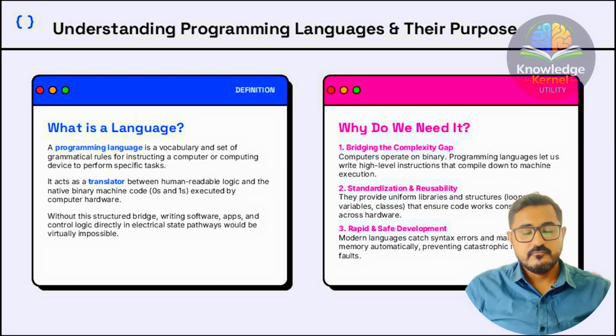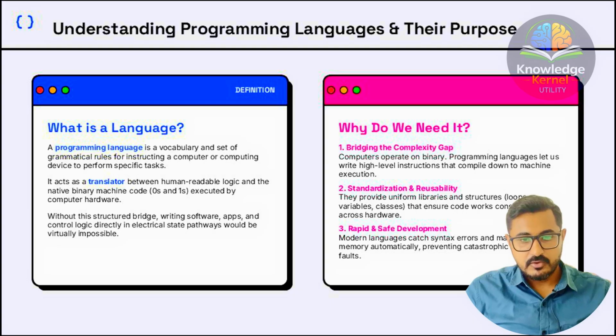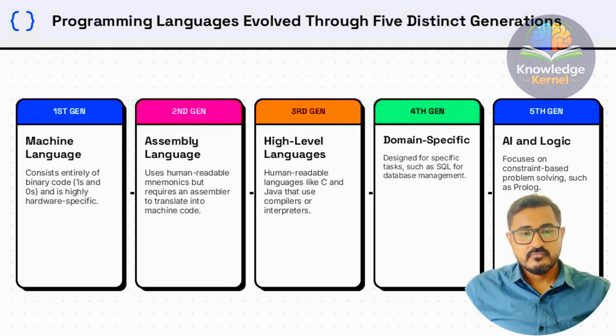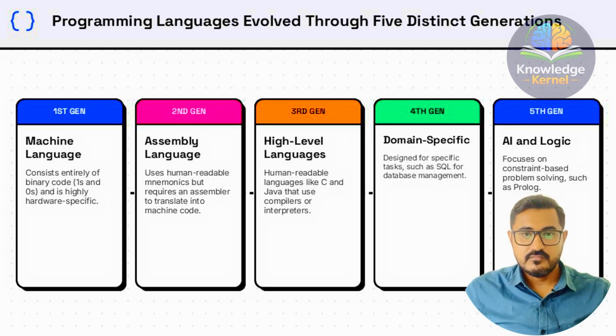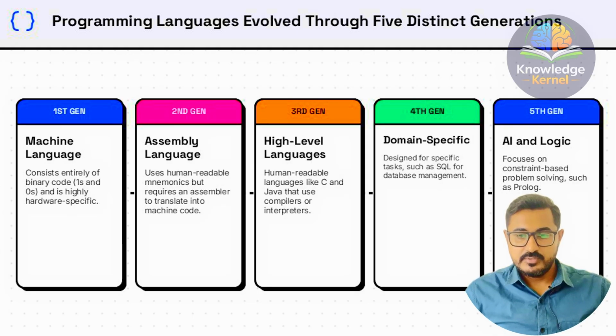Now, we will see the different generations of programming languages. Programming languages have evolved through five different stages, namely machine language, assembly language, high-level languages, domain-specific languages, and AI and logic languages. The first generation is machine language, which uses binary code and is understood directly by the computer. The second is assembly language, which uses mnemonic instructions but still requires an assembler.